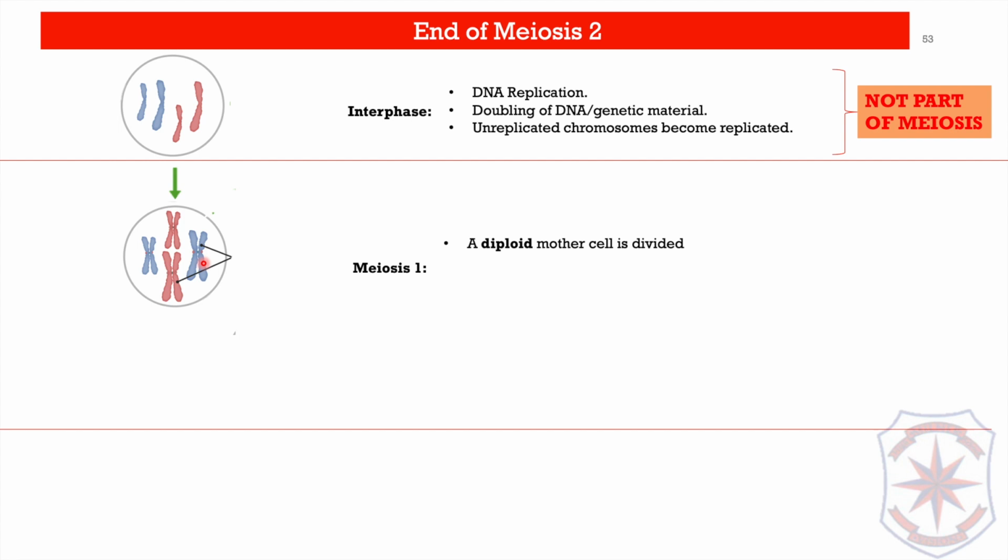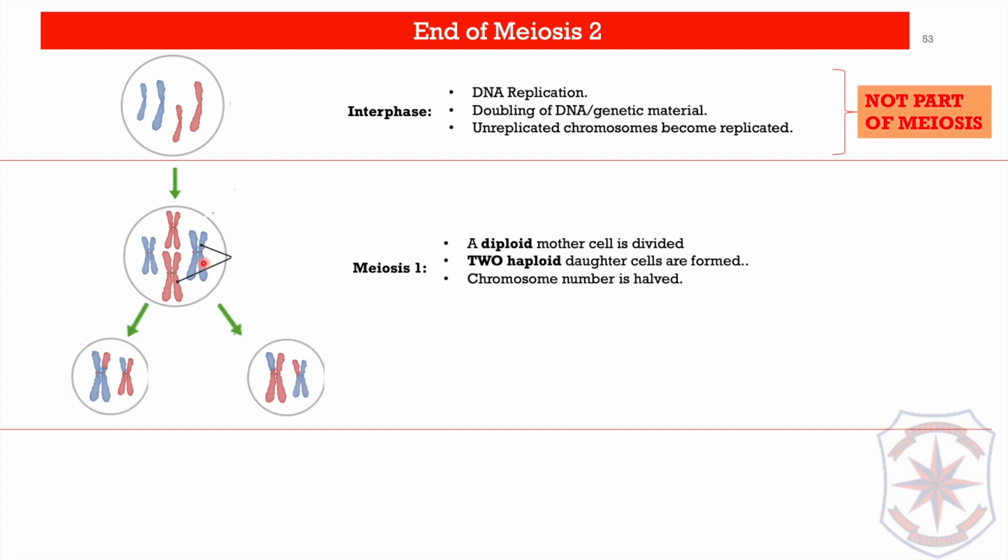So after meiosis 1, we are dividing a diploid mother cell, meaning this cell is diploid, so it is a somatic cell. Remember, we said that somatic cells are always diploid. They always contain two sets of chromosomes.